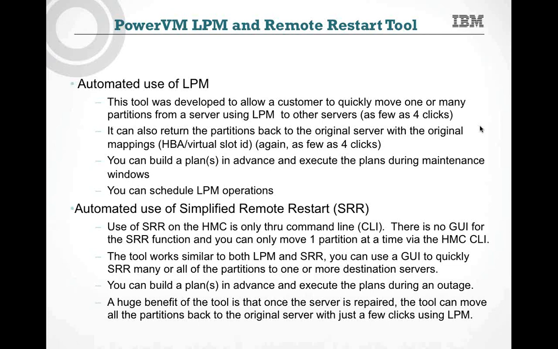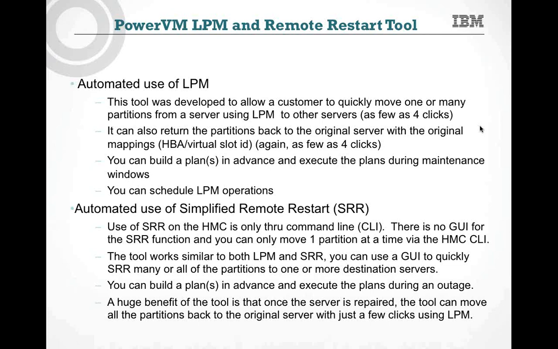One thing that is new to the new version is this very last bullet on this first page here. This is probably the most important bullet that I want you to understand. Because right now, when you SRR, you end up on another server somewhere, and you may not have the same virtual slot numbers because of collisions with the VLS, what slot numbers are being used.